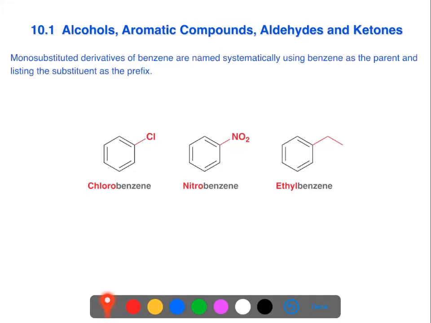Similarly, we have this NO2 group. This is referred to as the nitro group, and so this structure would be referred to as nitrobenzene. And then if we had an alkyl group attached to that ring system, we would simply use the same nomenclature for alkyl groups, and in this case, we would have ethylbenzene.